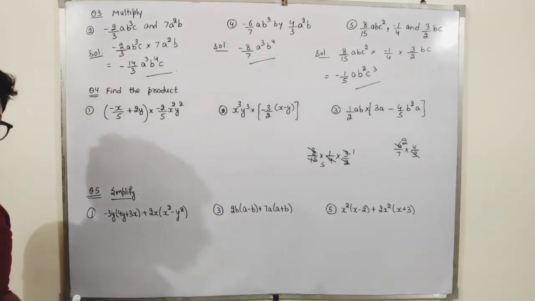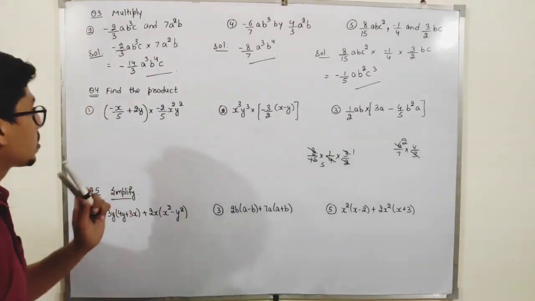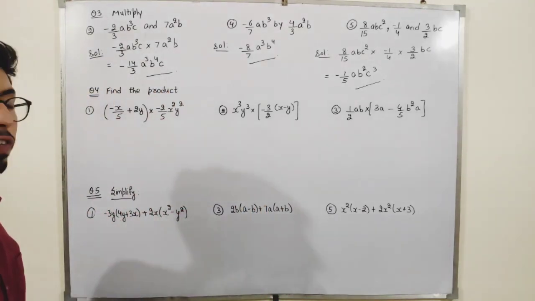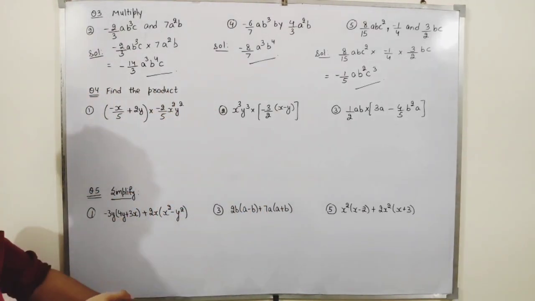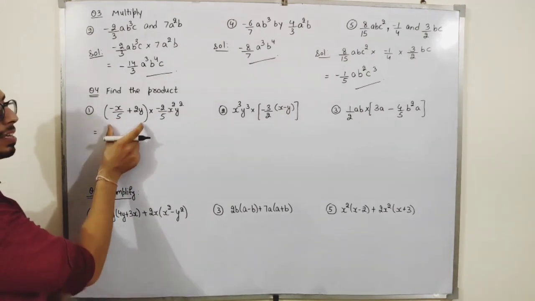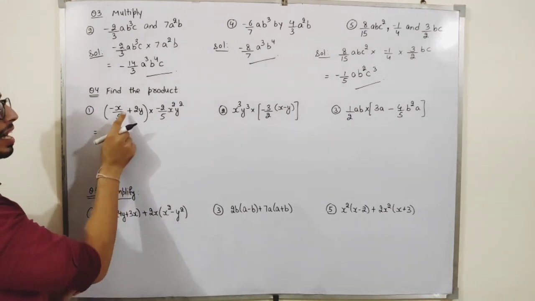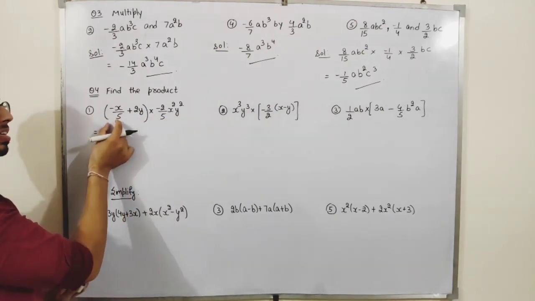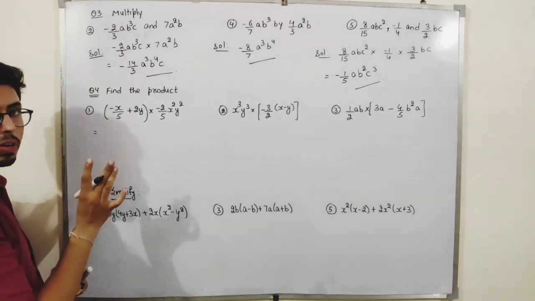Okay, students. Now, students, in our next question, that is question number 4, I have to find the product. I have to just multiply them, students. So see what I can do. If I just see, these are in bracket. So and these two numbers are in addition. So I will multiply this by this number and multiply this by this number. Okay.